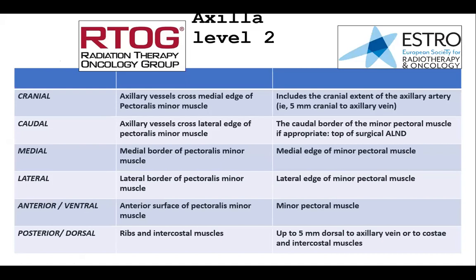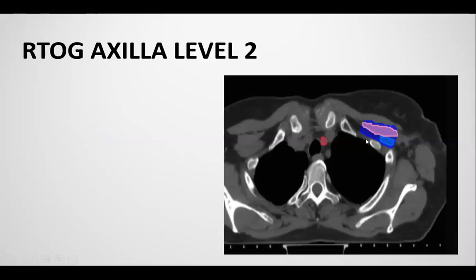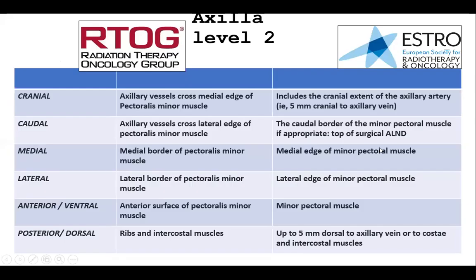Coming to the posterior border, here they have taken the margin just above the ribs and the intercostal muscles. That means we are not including the ribs and the intercostal muscles in the RTOG guidelines. Whereas in the ESTRO guidelines, they have again taken a margin. Here we have contoured the axillary vein and given a margin.